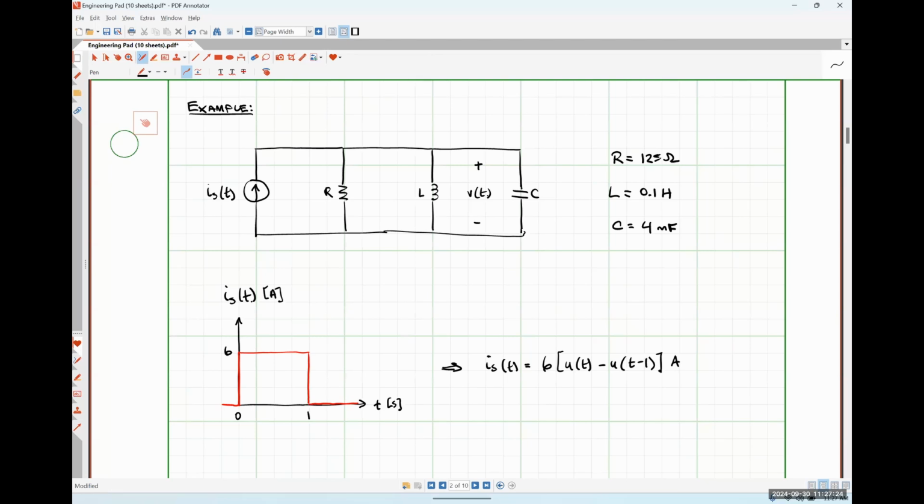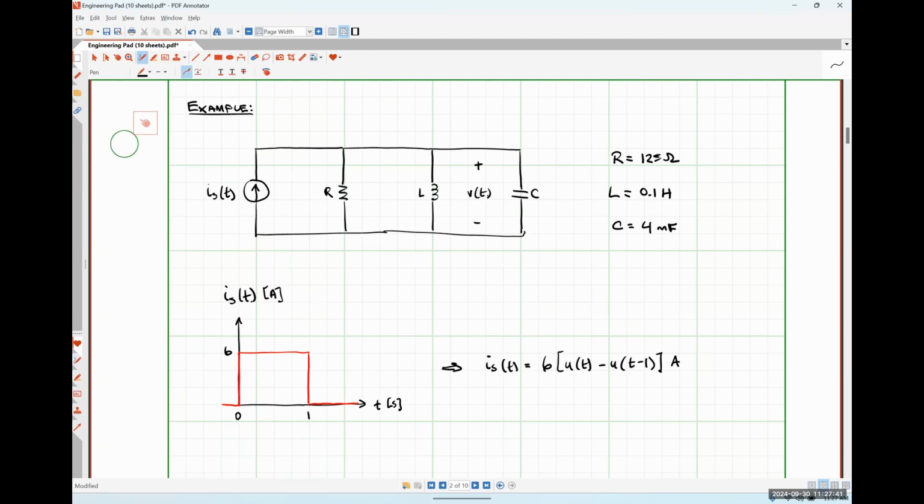Okay. So this circuit is fairly similar to the transient analysis that we did in circuits 2, right?